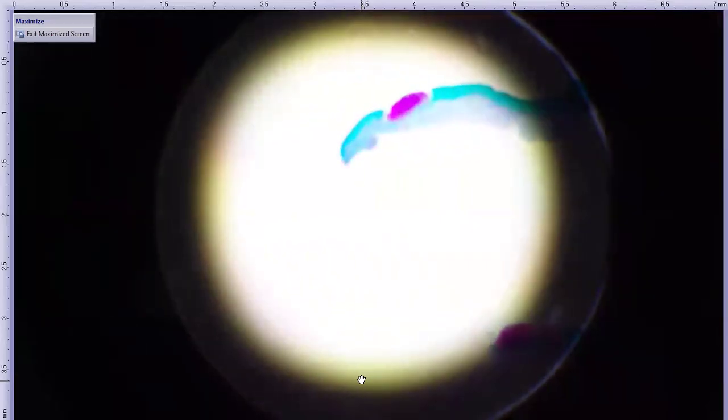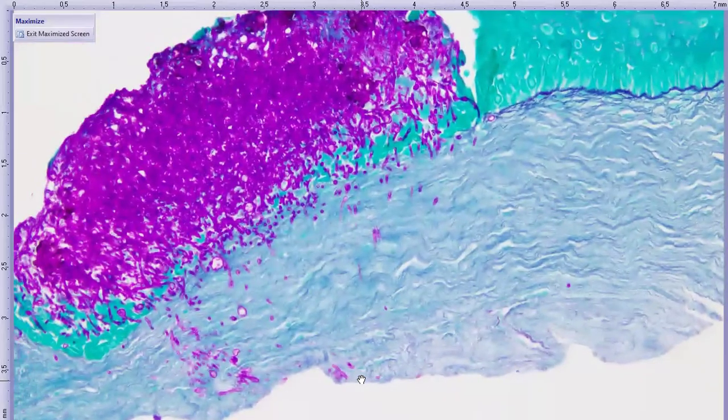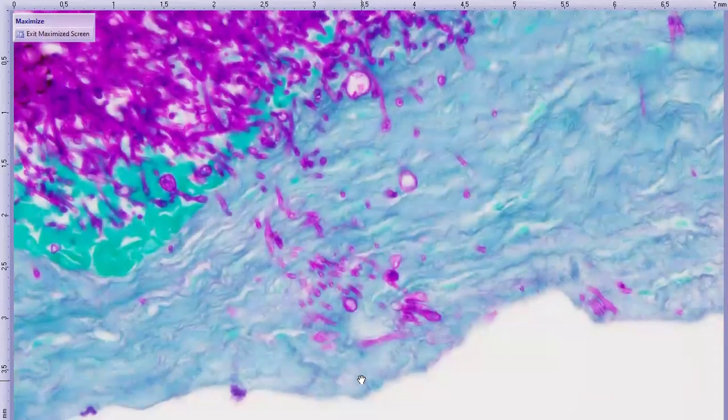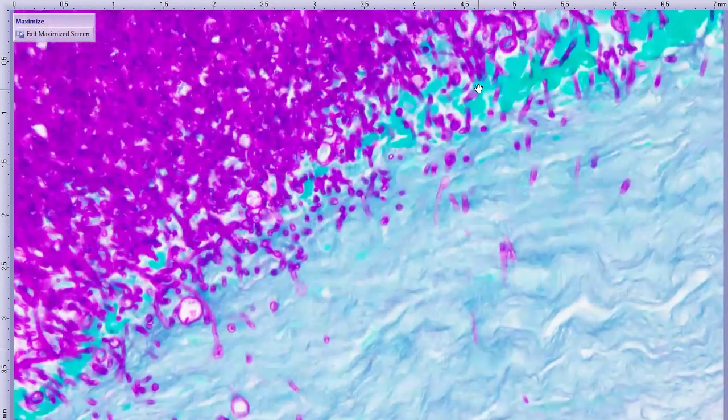And if black wasn't the color of choice that you were looking for this morning, here is a PAS for fungus. Yeah, so cute, fun little fungus.